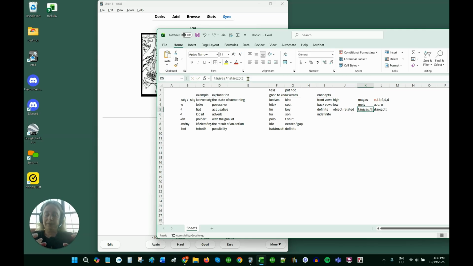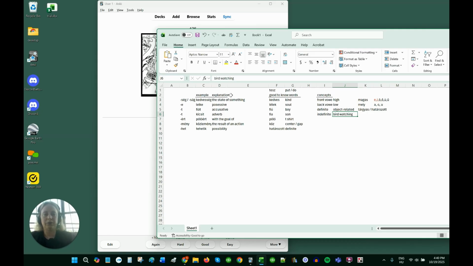Hatarozot means it's a definite conjugation, so it deals with definite objects. Indefinite doesn't even have to have an object. It might have an object, it might not. If it does have an object, it's an indefinite object, which means it's a vague object. It's kind of like the word bird watching. Bird watching, it doesn't matter what kind of bird it is or which bird it is. It's like an adjective. You're turning this noun into an adjective.